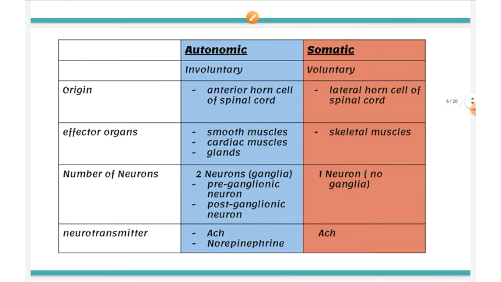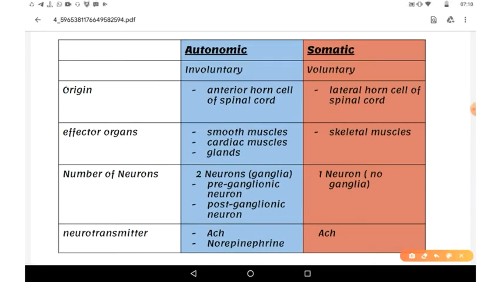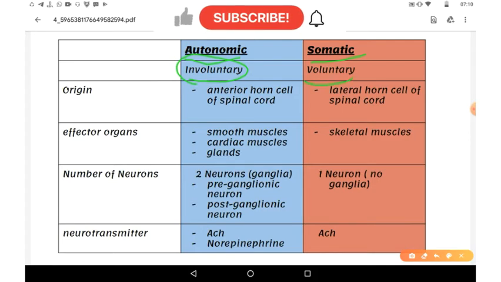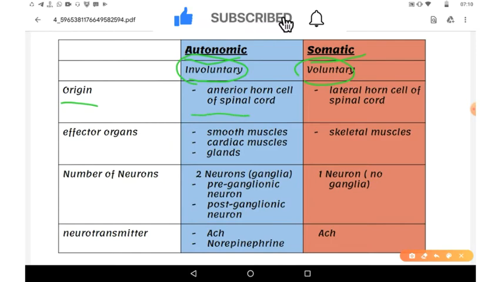This table represents the difference between the autonomic nervous system and the somatic nervous system. First of all, the autonomic nervous system is involuntary, while somatic is voluntary. In terms of origin, autonomic is lateral horn cell, somatic is anterior horn cell.